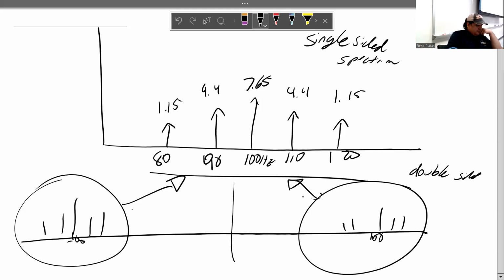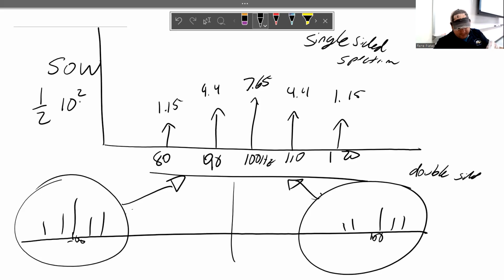And when you think about it a little bit, when you get the power, that's 50 watts. That comes from 1/2 of the 10 squared. If you recall, it's a sinusoidal. It was 10 cosine.